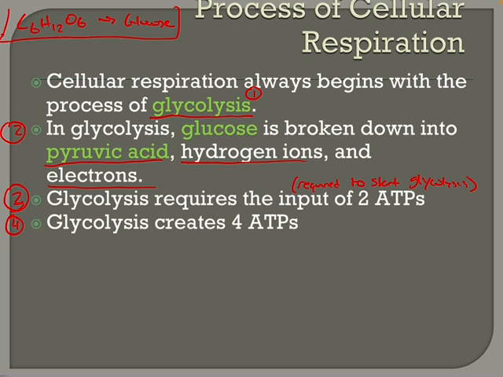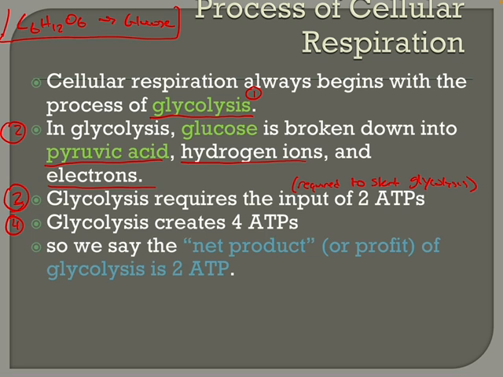The fact is, because glycolysis requires input of 2, and then you create 4, we say that glycolysis nets us only 2 ATPs. Our profit is only 2.